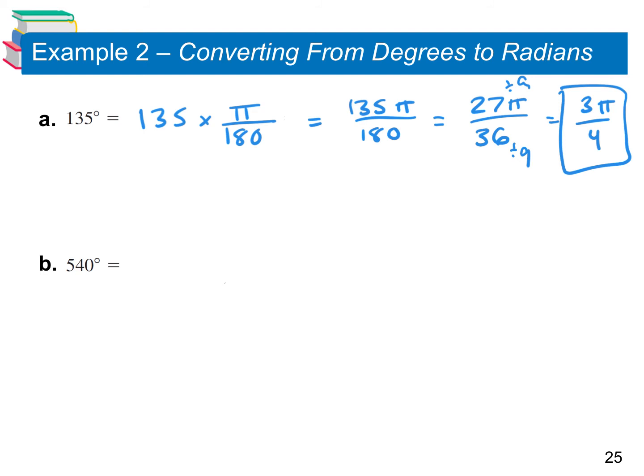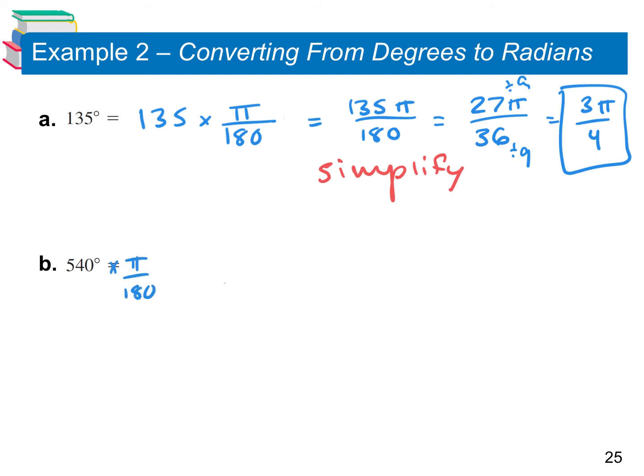Yeah, we have something in a fraction, right? We can't have a decimal. So you just multiply, and then from here, we're simplifying the fraction. So for the second one, if I have 540 degrees, how do I convert that to radians?